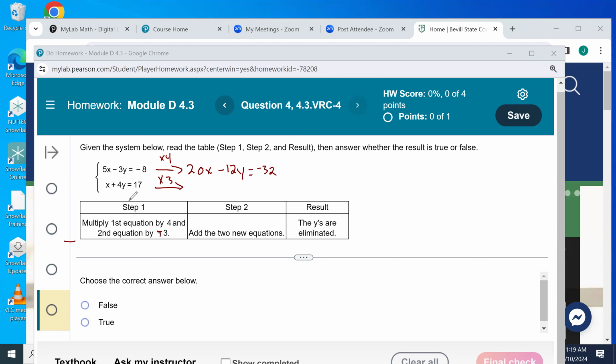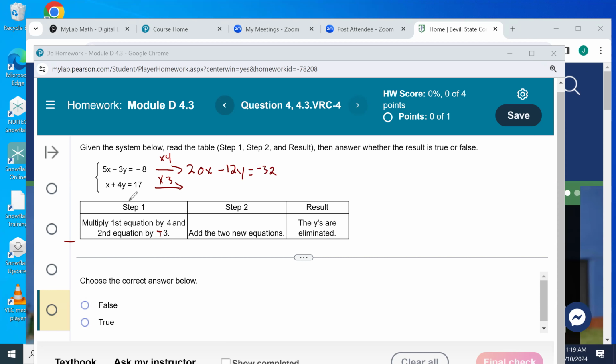Is that right? Then this one would be 3x plus 12y equals 51. Trust me.